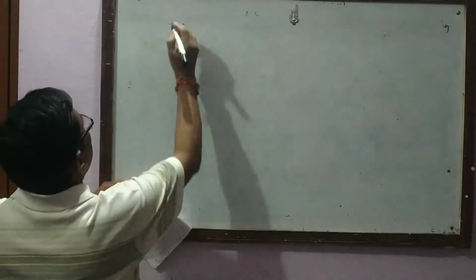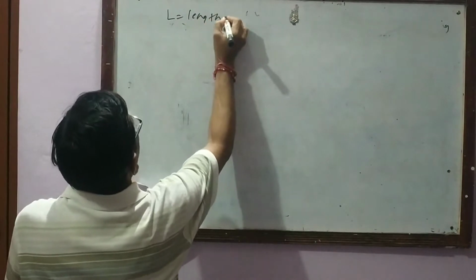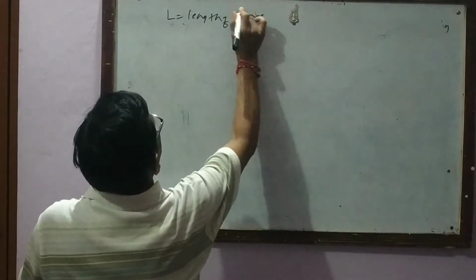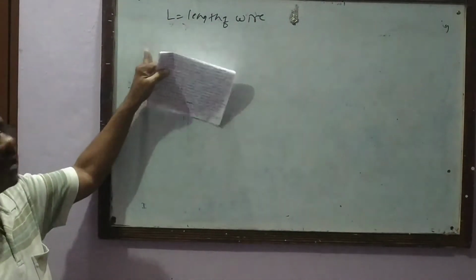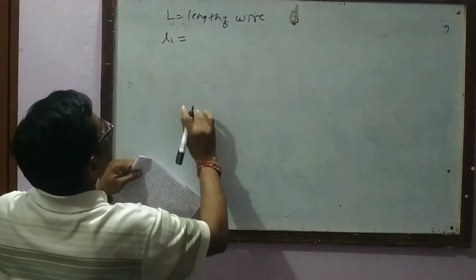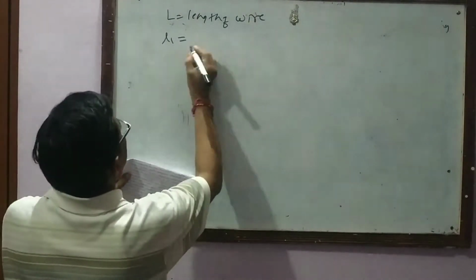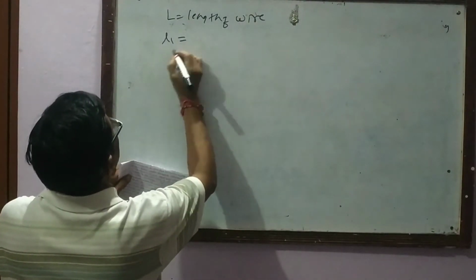Now let's take the length of the wire, and this wire is cut into two pieces. Now the first length is L1, and the second length is L2.